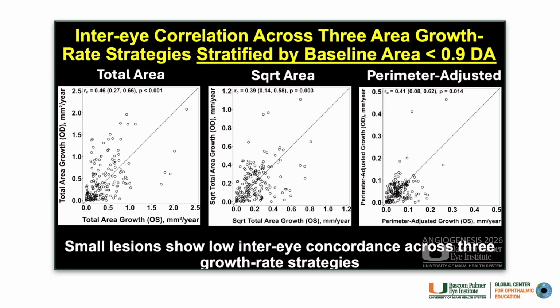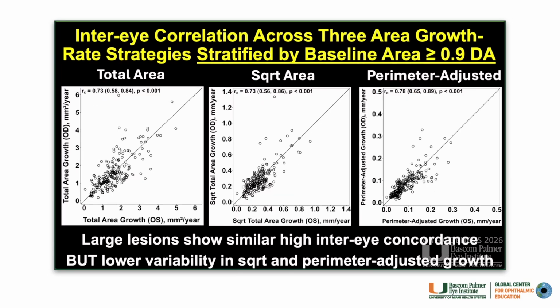On the next step, we used the breakpoint of 0.9 disc area and analyzed all growth intervals with baseline hyper-TDs below this threshold using the three growth strategies. Here we note that concordance is much lower for small lesions regardless of the growth strategy used. And again, the data point distribution is spread far from the line of unity in all three strategies.